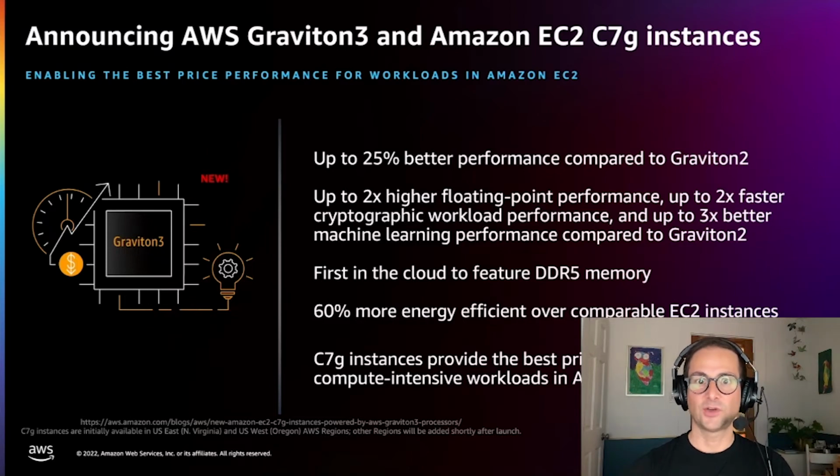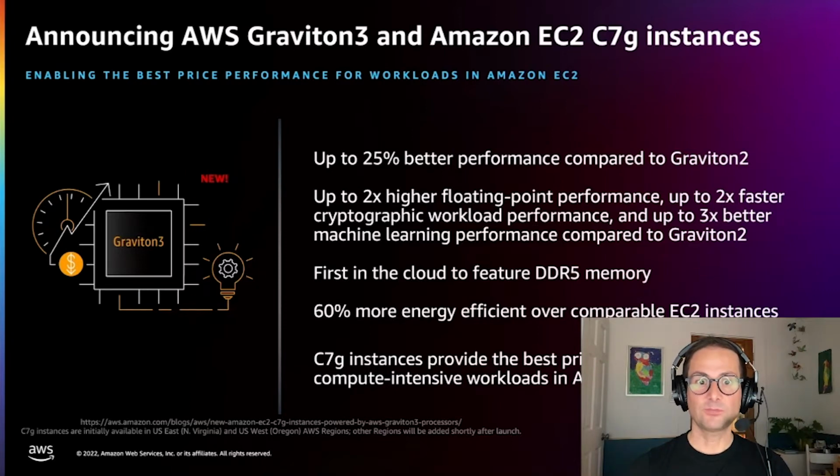For example, for applications that are highly demanding with floating point performance, you can get up to twice the performance that you were getting with Graviton2. For cryptographic workload performance, things like TLS session initialization, you can get up to twice the cryptographic performance. And finally, for machine learning performance, you can get up to 3 times better performance compared to Graviton2.